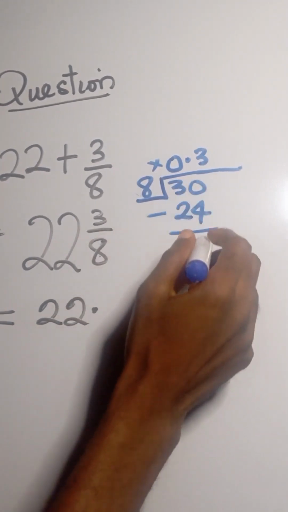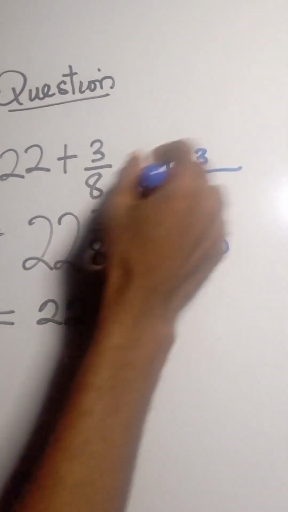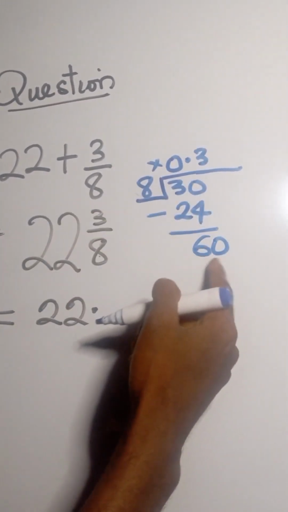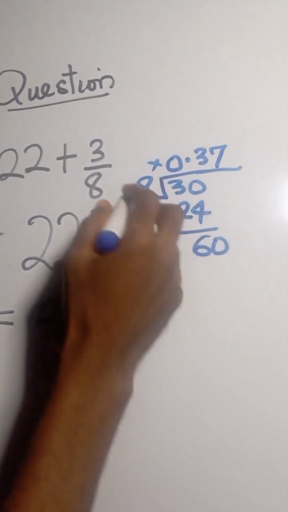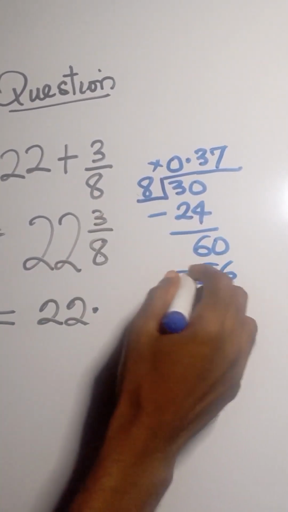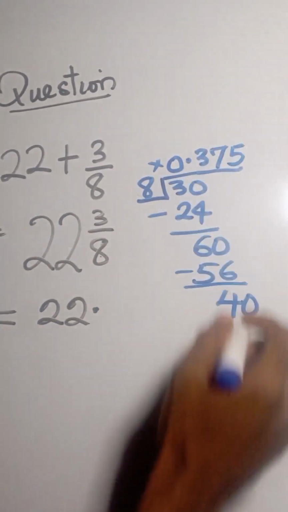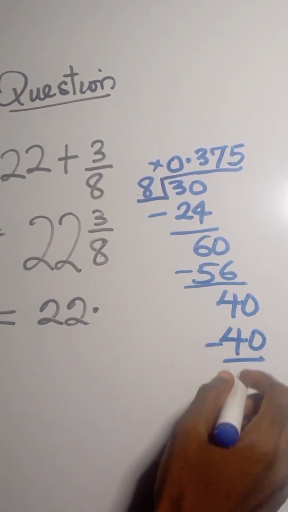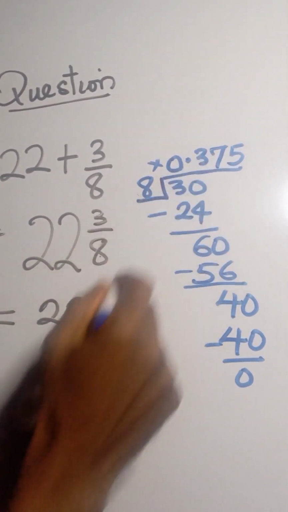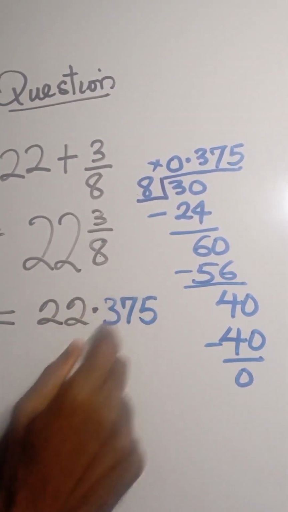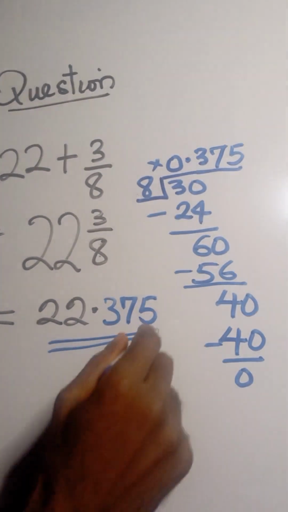If I subtract, I have 6. Putting down 0, 8 into 60 is 7 times, because 7 times 8 is 56. If we subtract, we have 4. Put down 0. 40 divided by 8 is 5, which gives us 40 and 0. So the decimal part of 3 over 8 is 0.375. So this is our answer, 22.375 base 10.